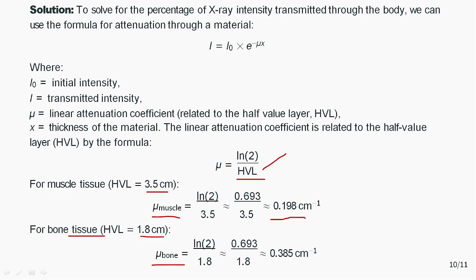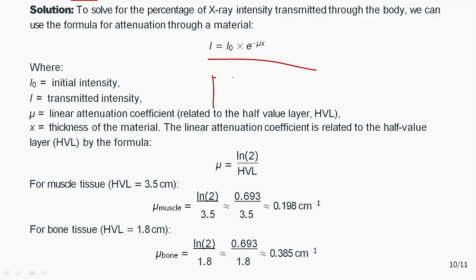That has been calculated as 0.198 per centimeter for muscle, and for bone it is 0.385 per centimeter, higher than muscle. Now as we know the attenuation coefficients, we can use this formula.